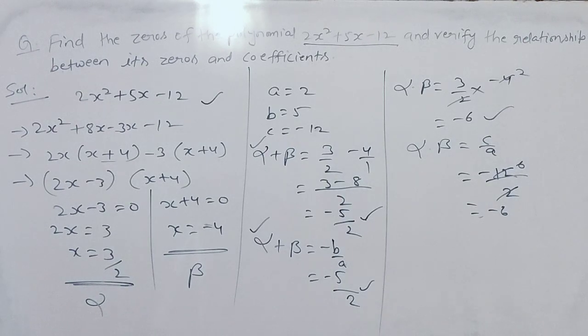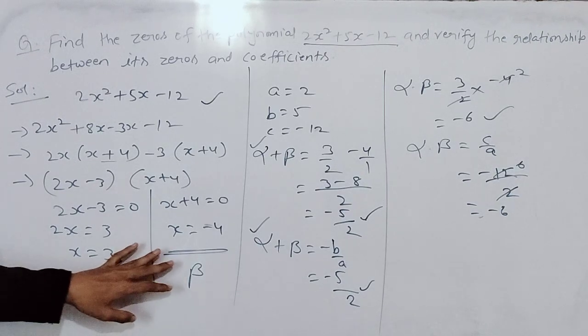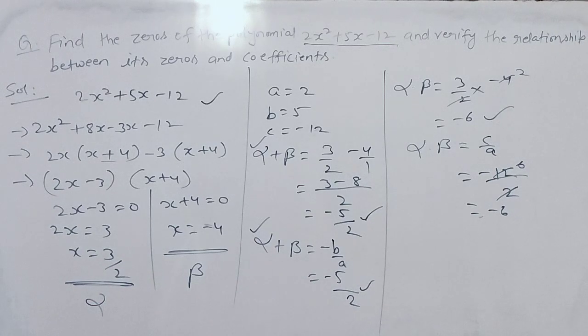This is the first question. Always remember, this one zero we take as alpha and the second zero we take as beta.